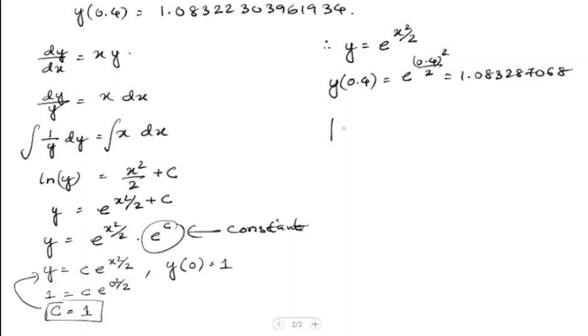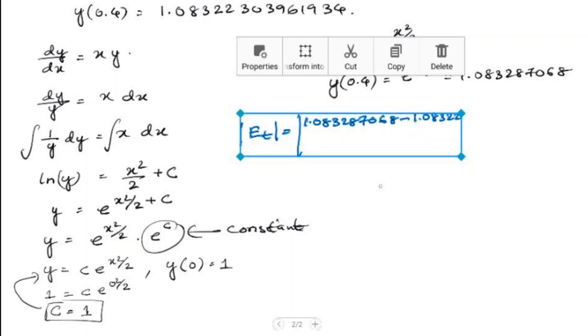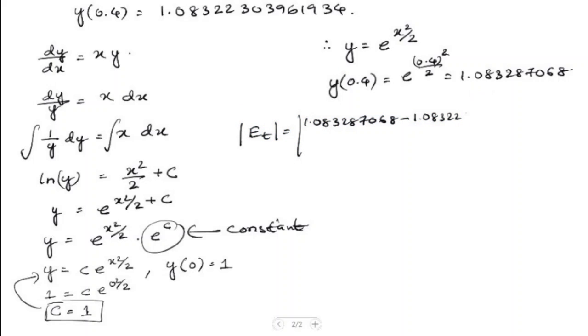1.083287068. And now to find the absolute relative true error, we have the exact value here, which is 1.083287068 minus the approximated value 1.08322 30396194, divided by the actual value, which is 1.083287068, times 100.